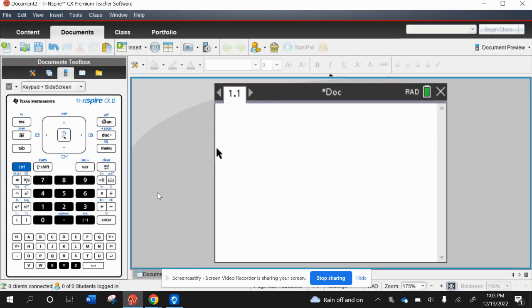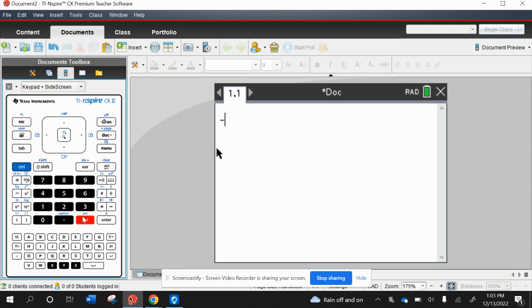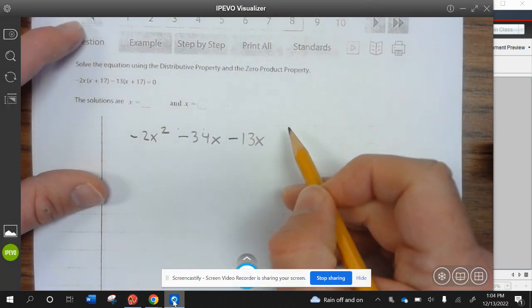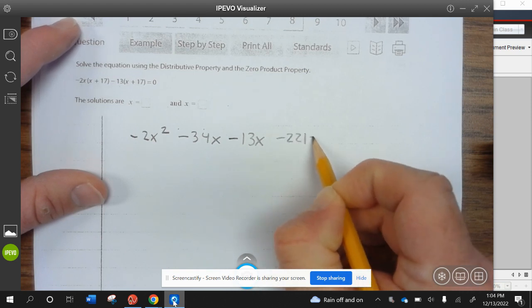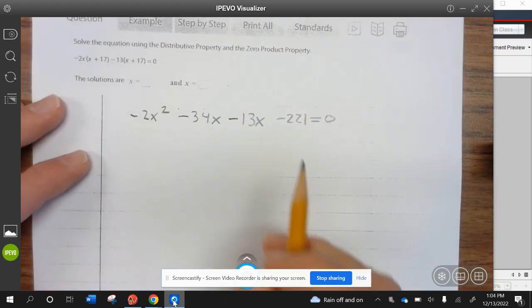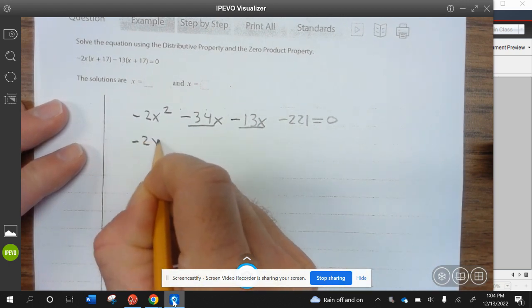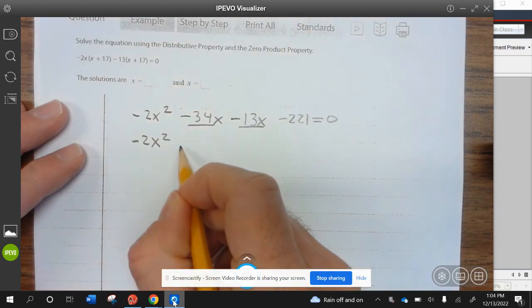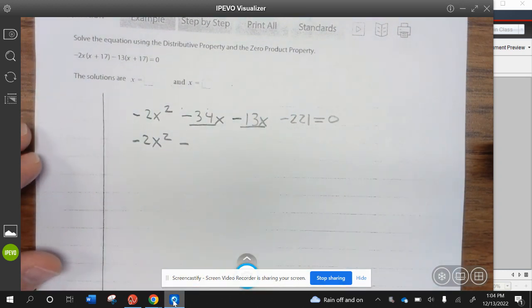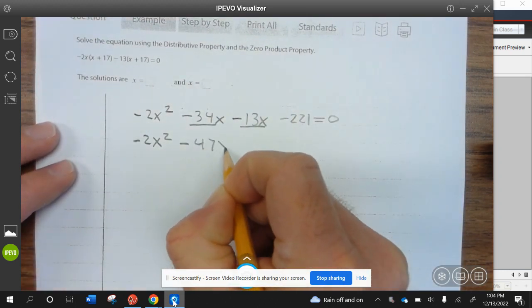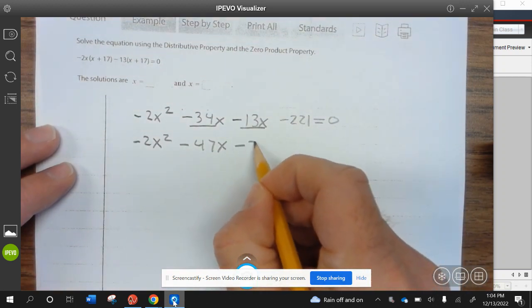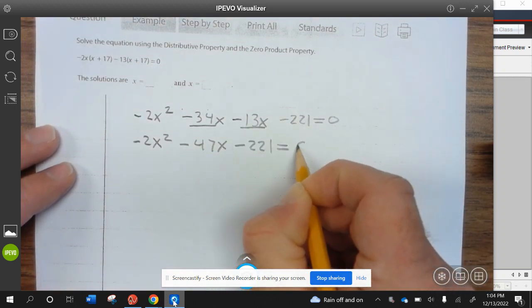So negative 13 times 17 is negative 221 equal to 0. So we're going to combine the x's. So that's negative 2x squared minus 47x minus 221 equal to 0.